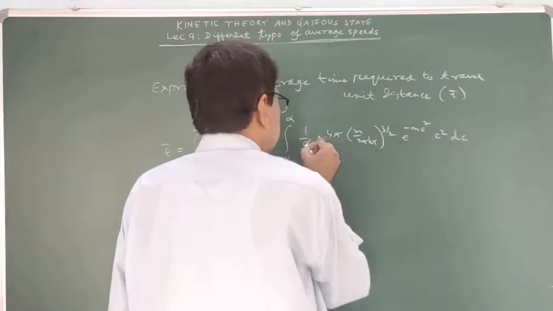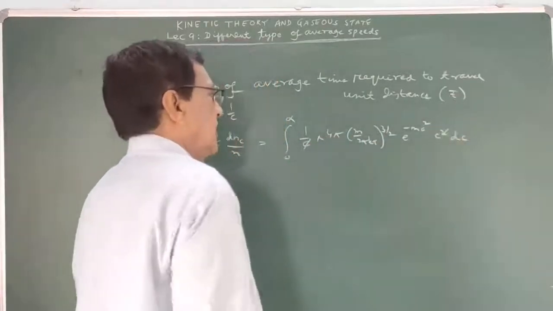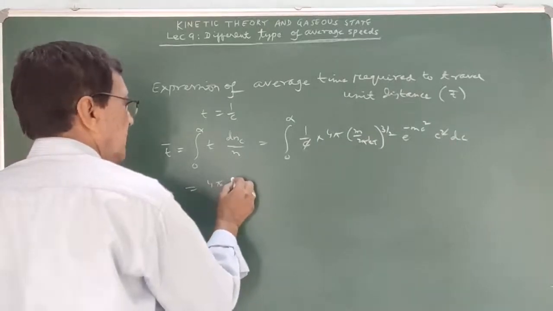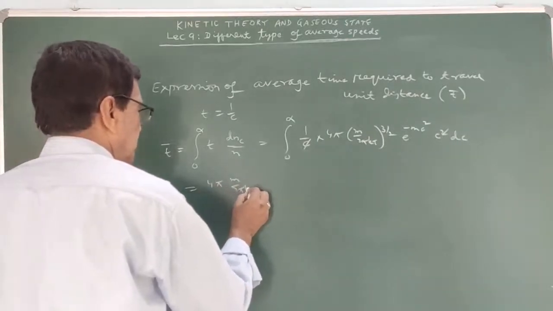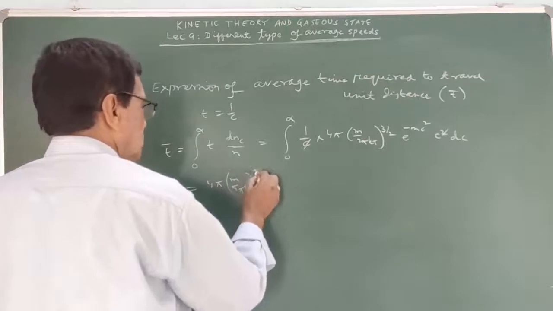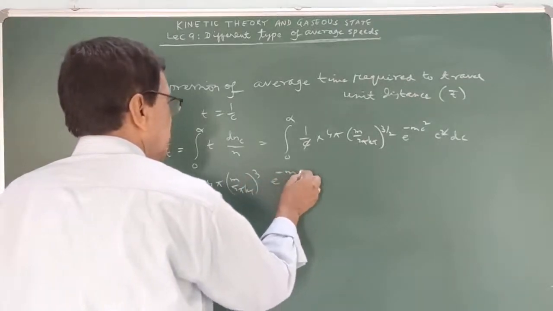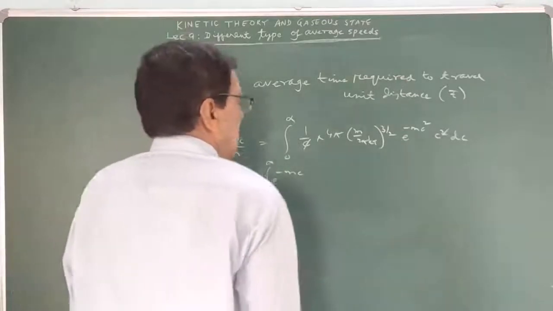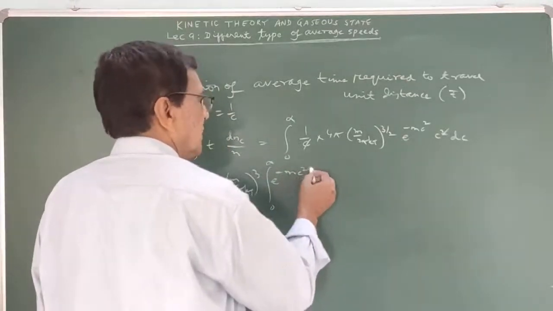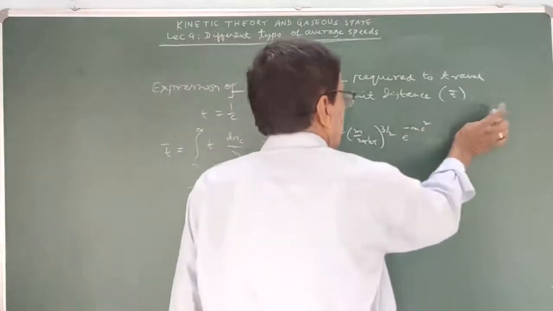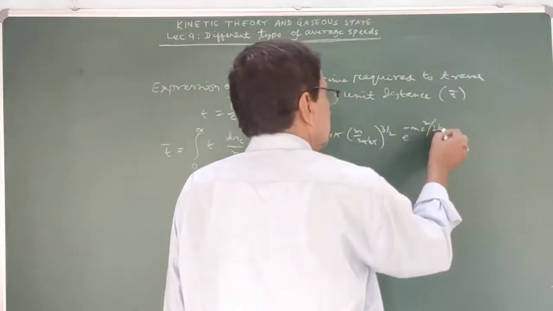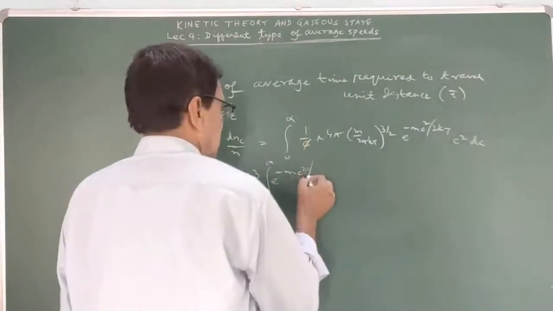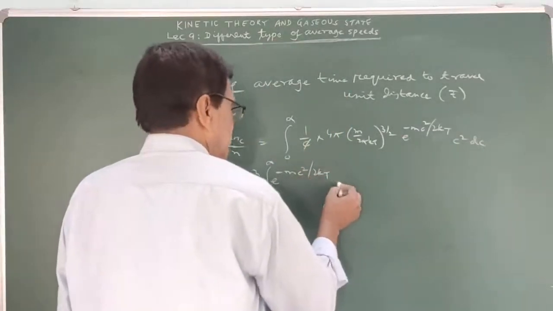So 1 by c and c will cancel, and you get 4 pi (m by 2 pi kT) to the power 3 by 2 e to the power minus mc squared by 2kT, c dc, from 0 to infinity.